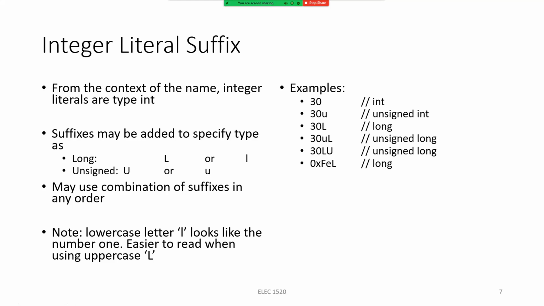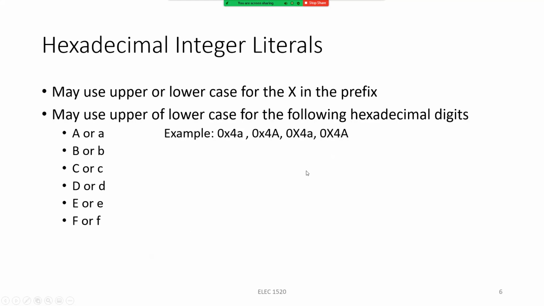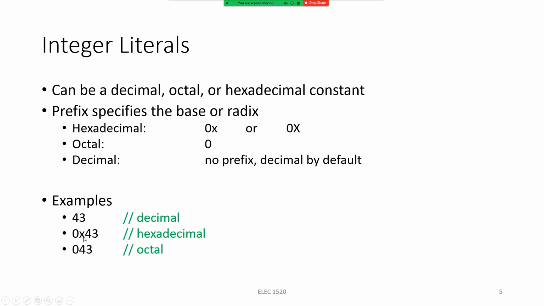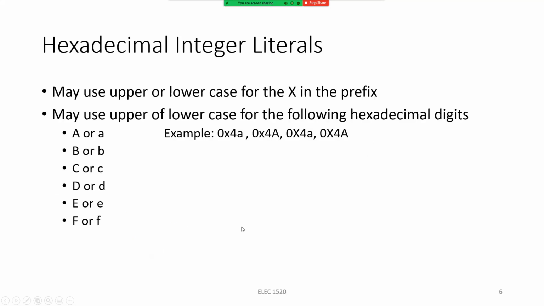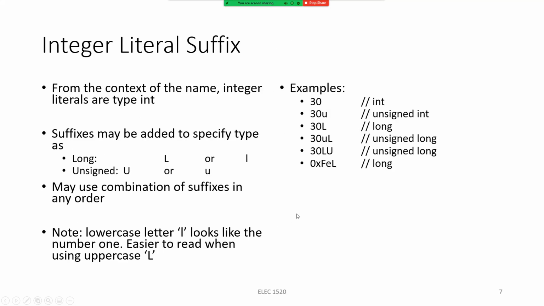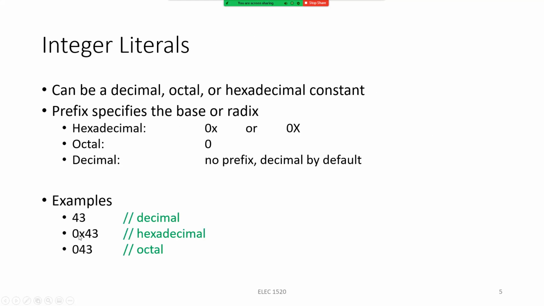And you can also specify a different data type for hexadecimal. So if we go back here, we said if we write 0x in front of our integer digits, that makes the base hexadecimal. So 0x43 makes the base hexadecimal, but the data type of 0x43 is an integer type.